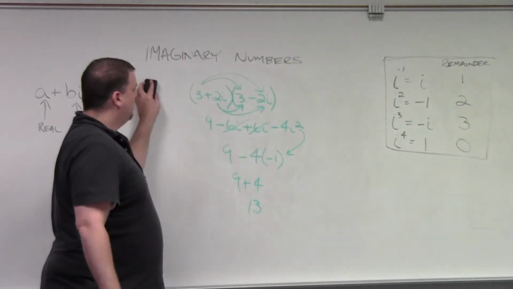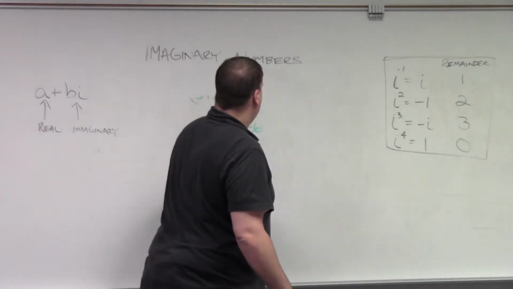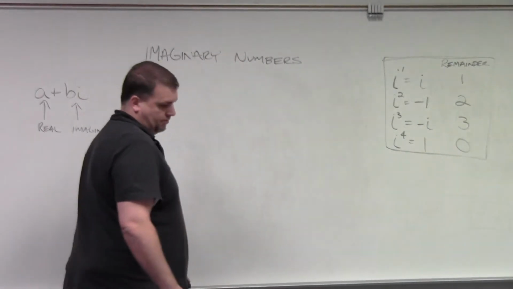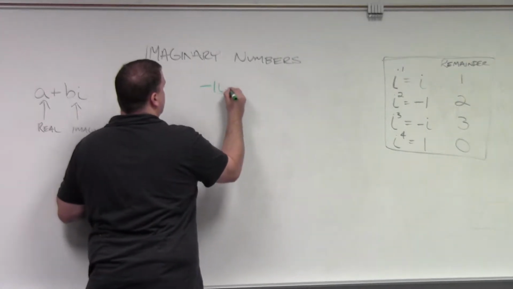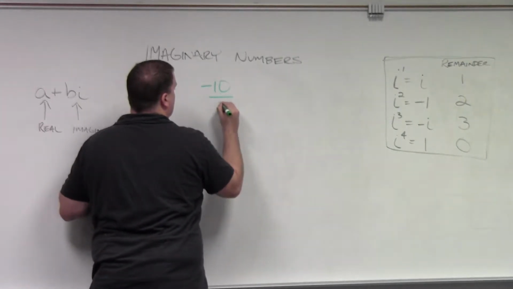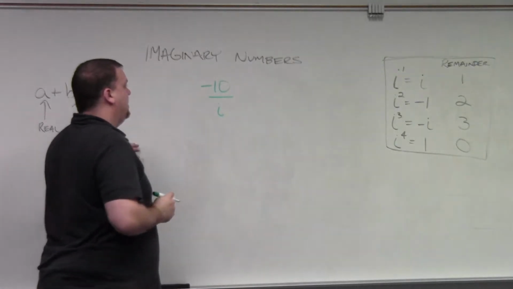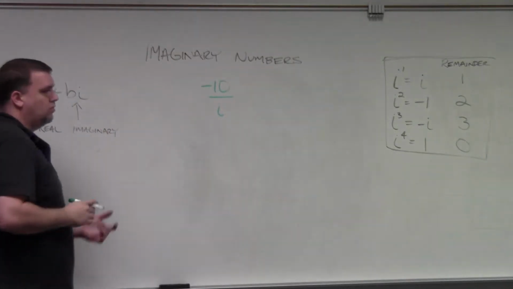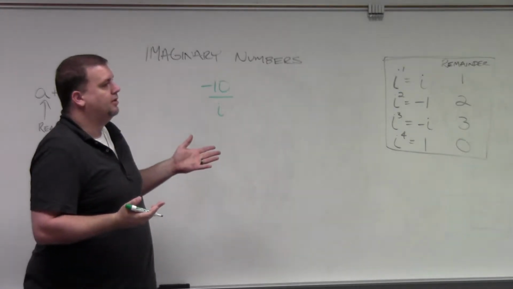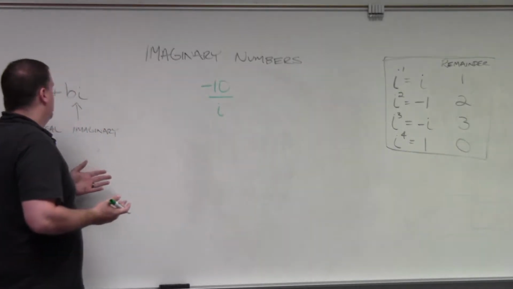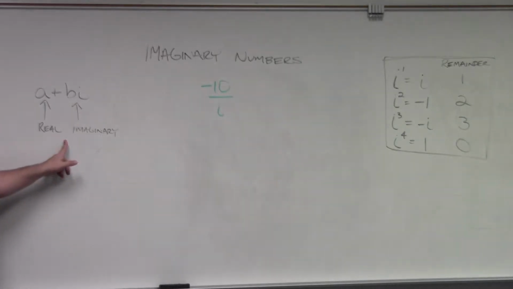So, let's get rid of that. When we go to division, let's say I have negative 10 over i. Well, why can't I leave it in that form? Right? You really can't do anything with it. Well, one, it's not in standard form, right?